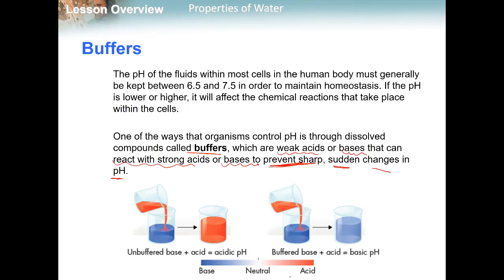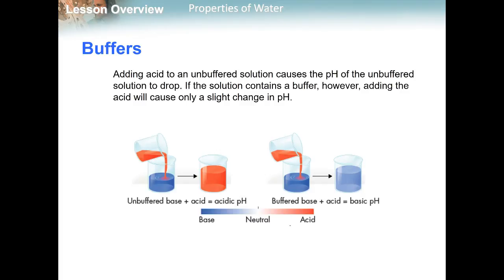So you have buffers that help regulate that pH so there isn't a sharp, sudden swing that takes place. If you add an acid to an unbuffered solution, it causes the pH of that unbuffered solution to drop. But if you have a buffer in it, it will only cause a slight change in that pH. That's what a buffer is going to do.